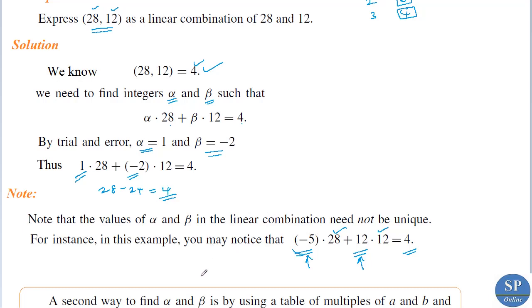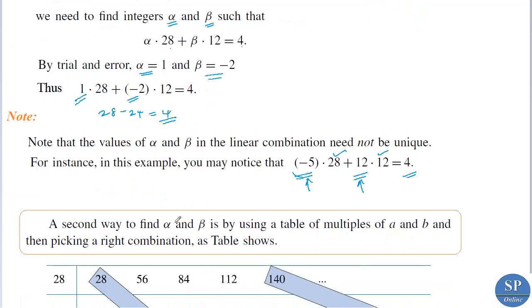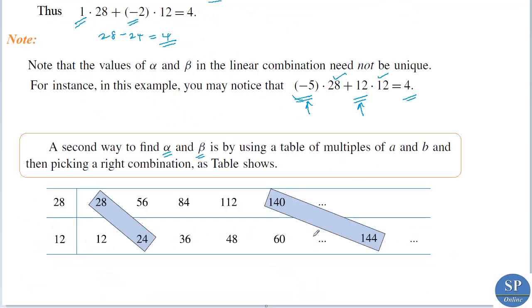Now we have a second way to find the linear combination, that is, to find alpha and beta, by using a table of multiples of A and B and then picking the right combination. Suppose we are going to express the GCD of 28 and 12 as a linear combination of 28 and 12, so we need to find alpha and beta.